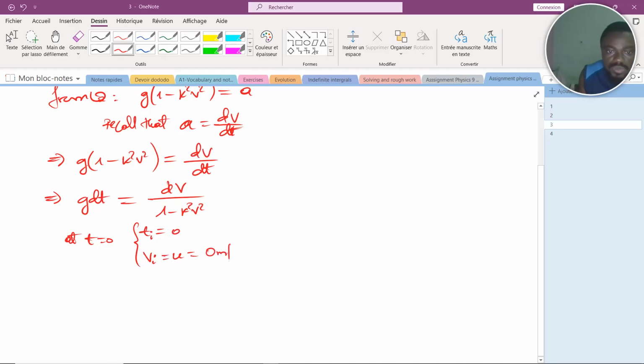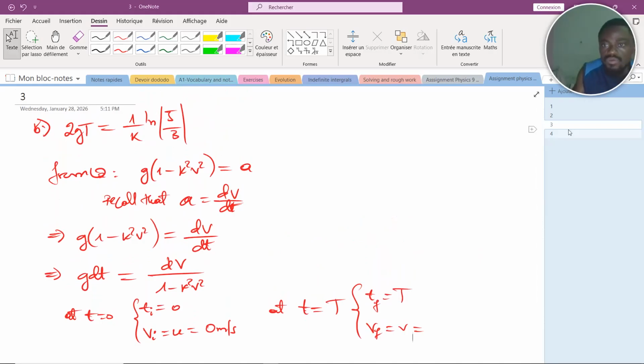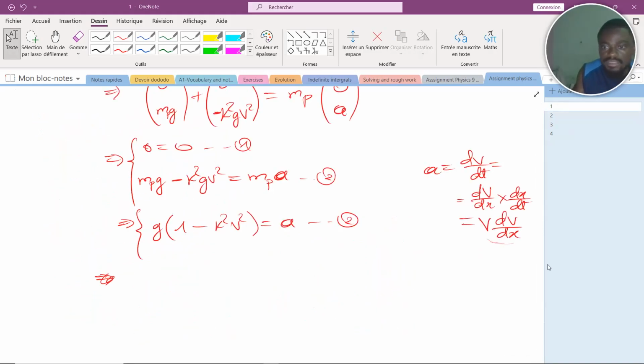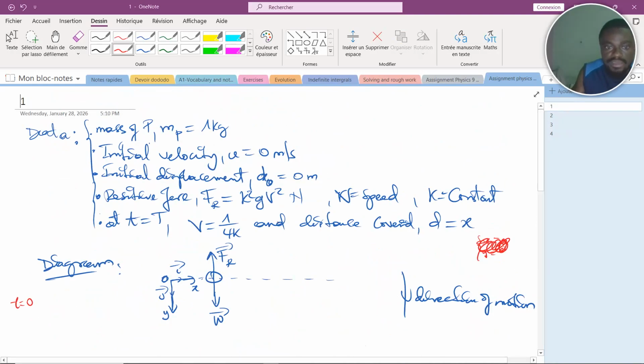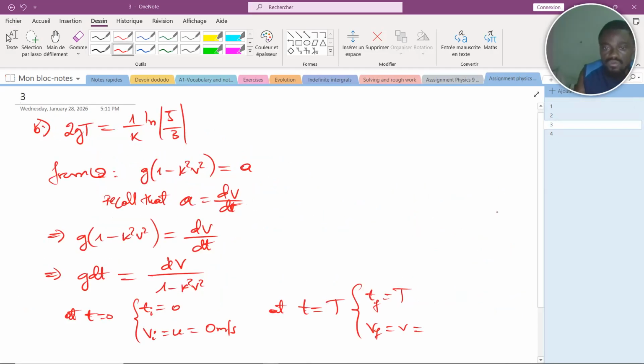Now, at t equals capital T, t final is capital T. And v final, the final velocity, let me go back, at t equals capital T, v was equal to 1 over 4k. V final is 1 over 4k.